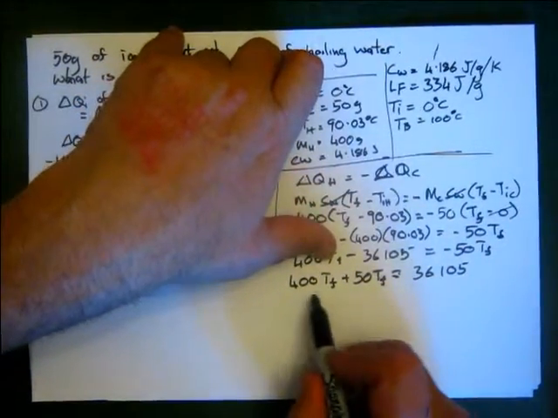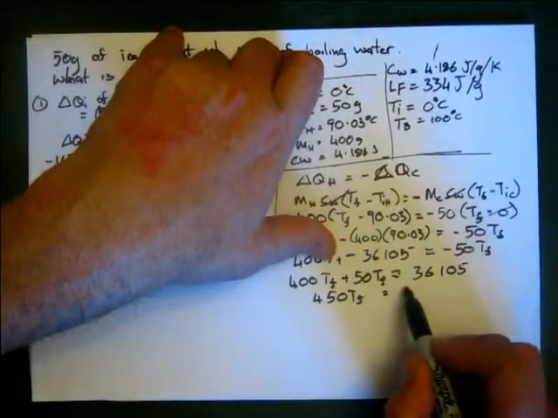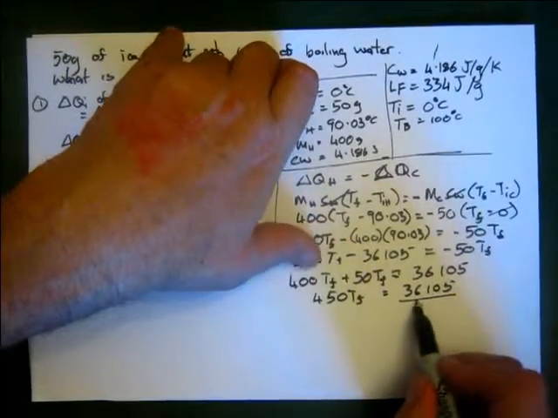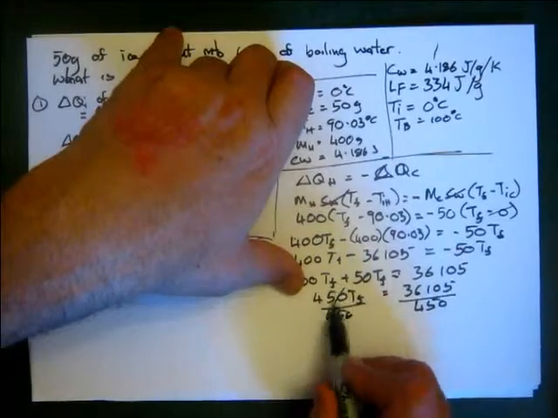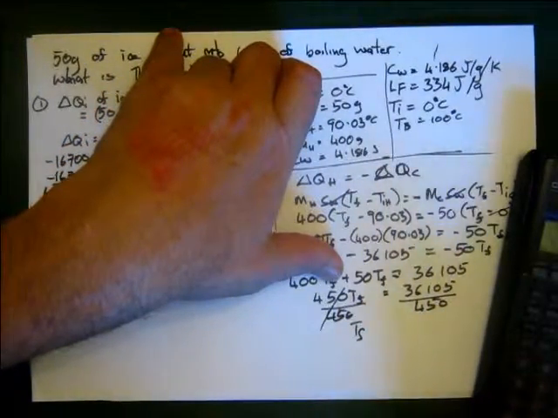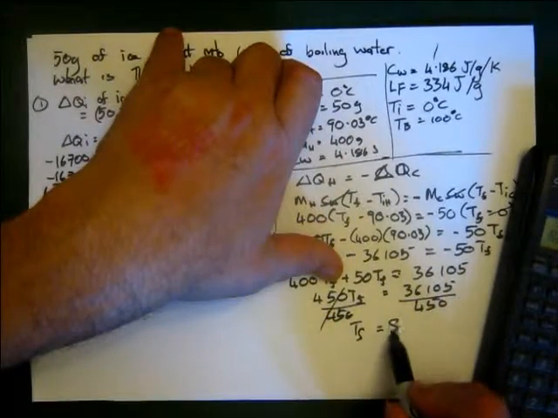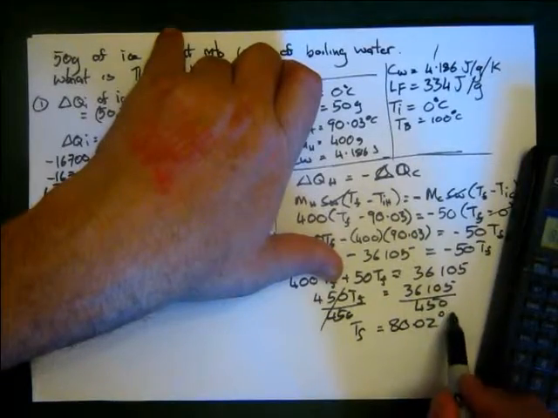We simplify this out: 450 TF equals 36,105. We divide both sides by 450 and that will give us the final temperature TF equals 80.02 degrees C.